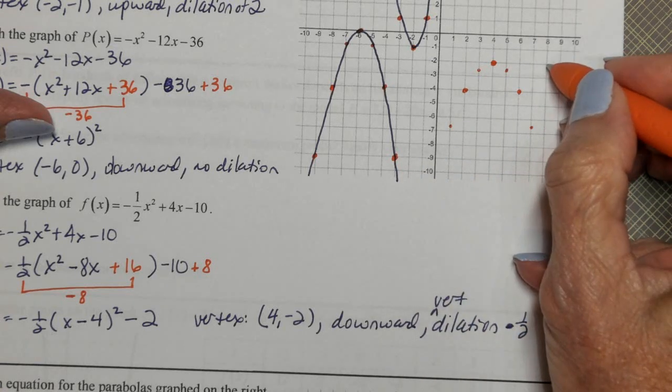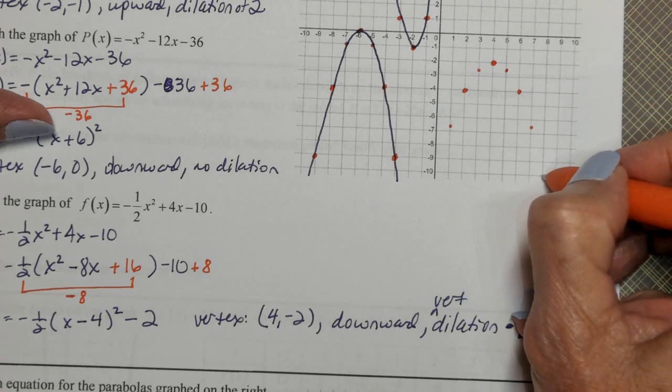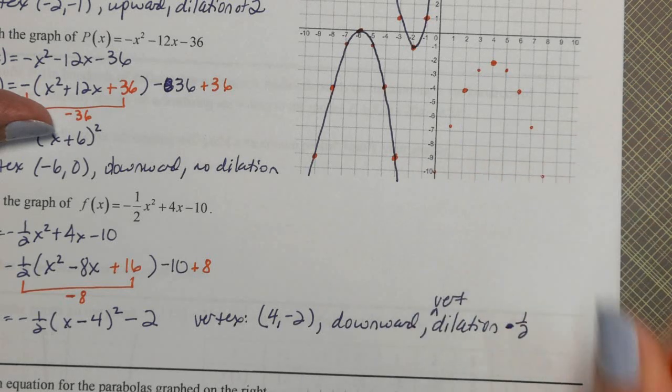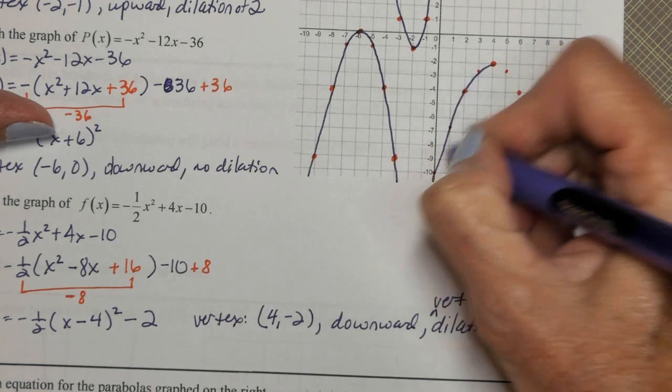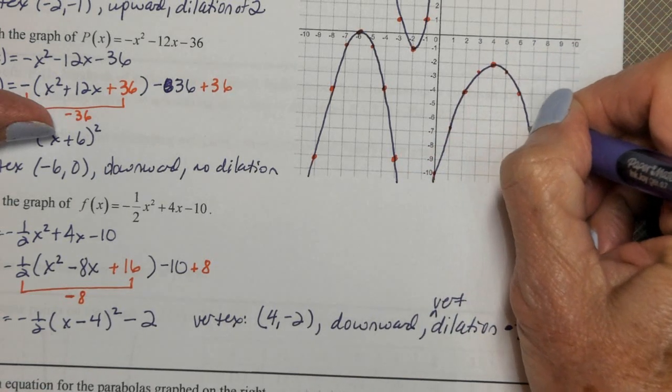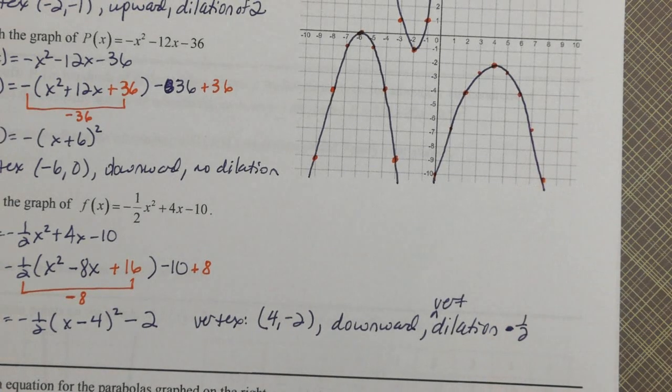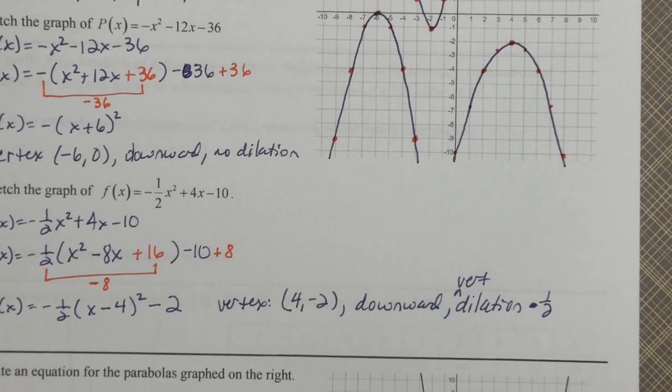Over 4, I would go down 16. Now I'm only going to go down 8. So this parabola is going to be a little bit wider than our no dilation parabolas.